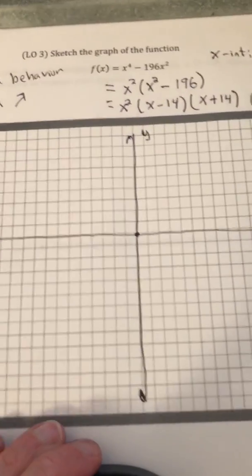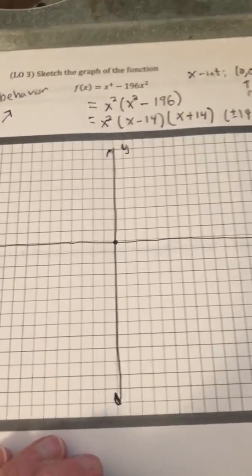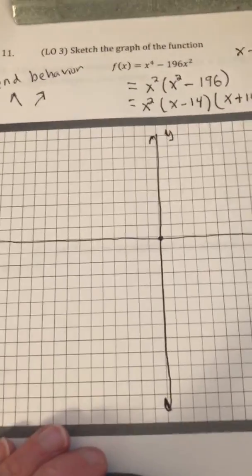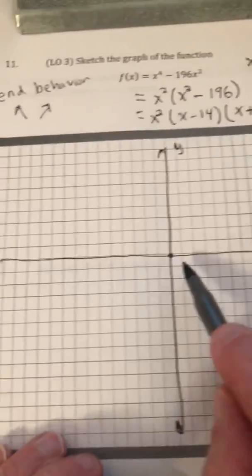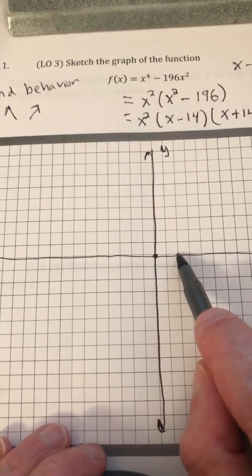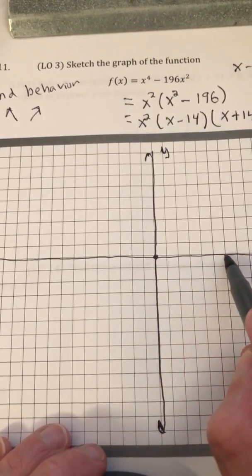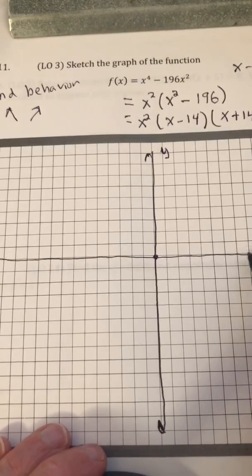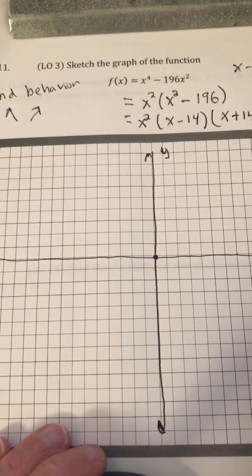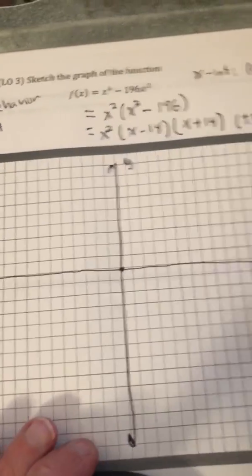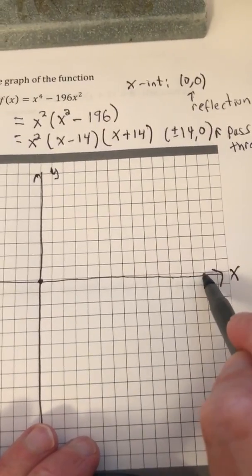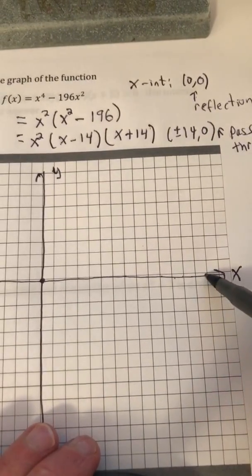And we have x equal to plus or minus 14. I think we have enough tick marks. Let's see. So 14 would take me out here, and it's cutting it a bit close.